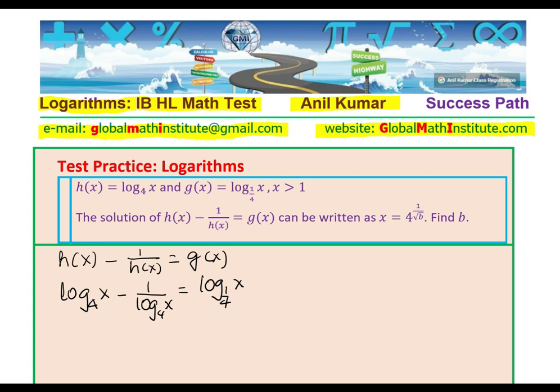So we need to find the solution of this equation. 1 over 4 is not the base 4, so we could rewrite that: log to the base 4 of x minus 1 over log to the base 4 of x equals log to the base 1 over 4 of x.